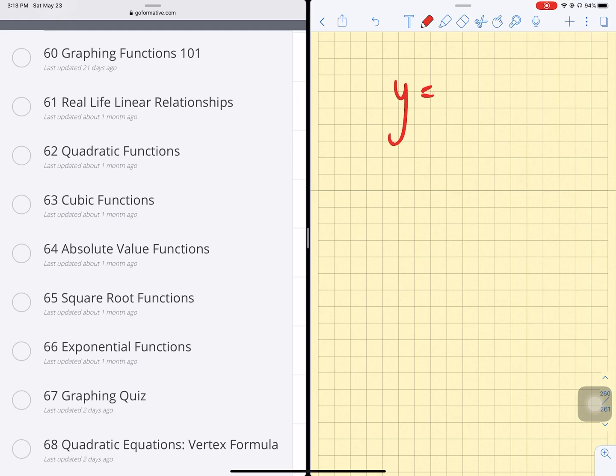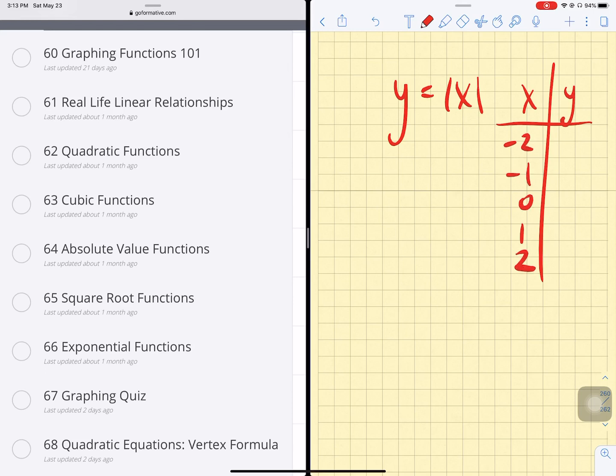So it looks like this: y equals the absolute value of x, which means any number plugged in, we're just going to find the absolute value of it. And I just told you they're all the same number except a positive version of it. So this is 2, 1, 0, 1, 2.